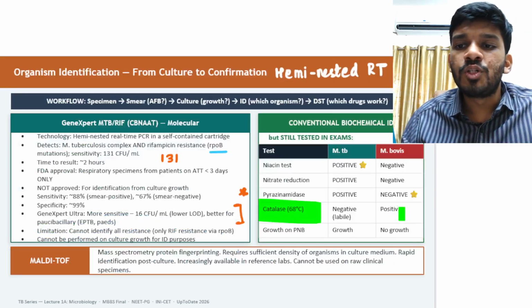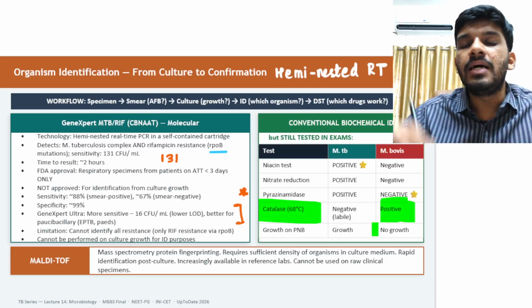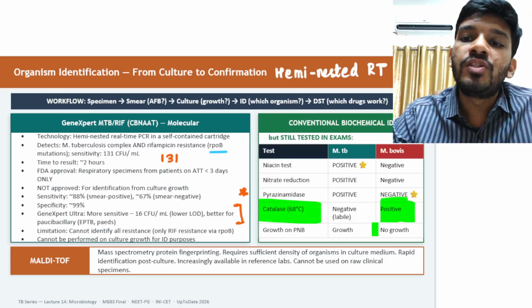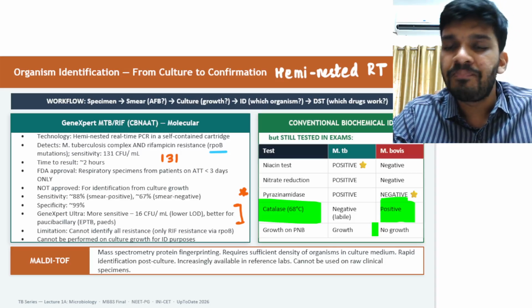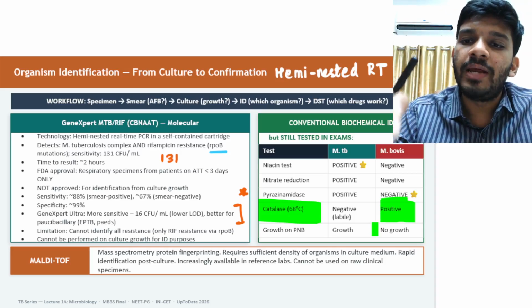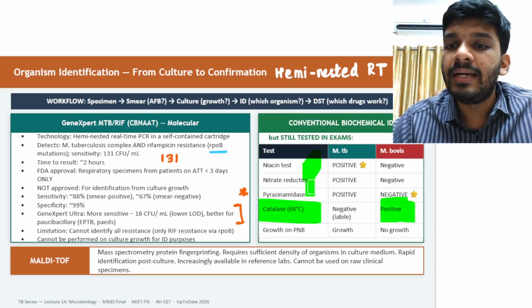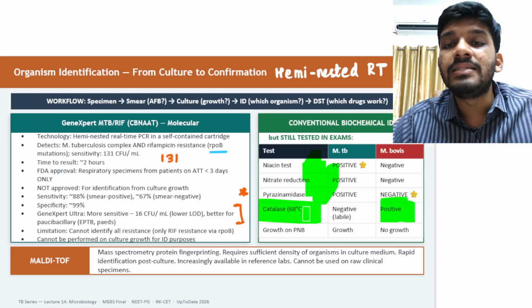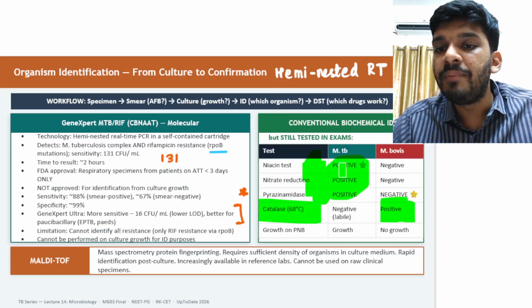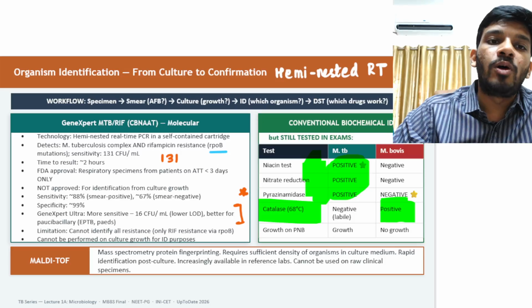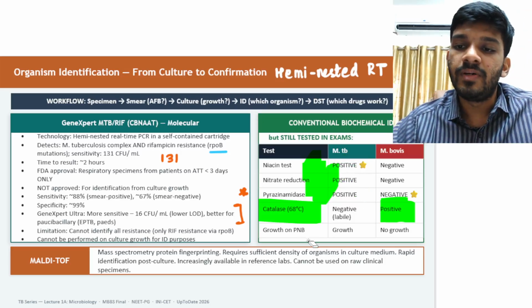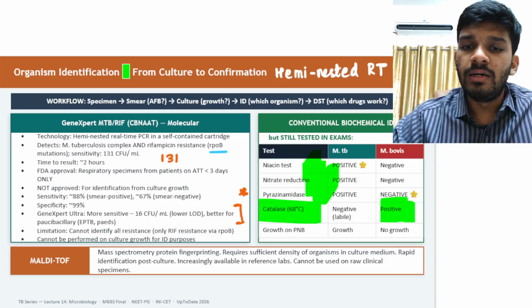Catalase test was positive for M bovis. That is the important point to remember, that M bovis will show a positive catalase test. The rest of the tests will be positive for MTB, right? The niacin test, the nitrate reduction, the pyrazinamidase test, all of these are positive for MTB, but catalase test is positive for M bovis, right? So these things you should remember.